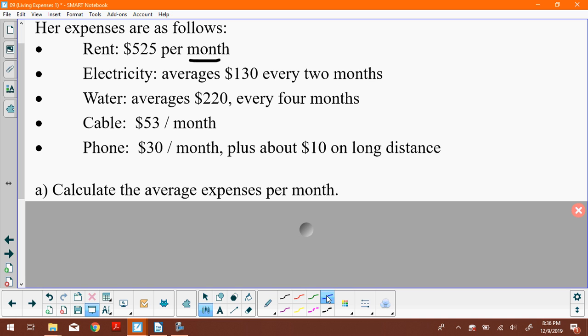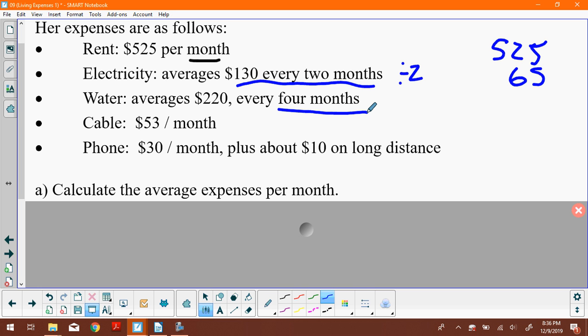So we'll start a little total down the side here. The rent's not going to change. That's going to be exactly the same, $525. The electricity is $130 every 2 months, so we'll just divide that by 2 to get the per month, which would be $65. Water is $220 every 4 months, so we divide that by 4, and we get 55.